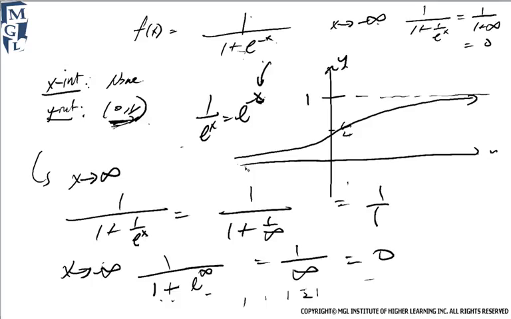When it's going to the left, the horizontal asymptote is 0. Whenever we do this, we should check approaching infinity and negative infinity. Asymptotes are really important when the function is based on e. To the left, from the first derivative, the graph was always increasing, so this makes sense.